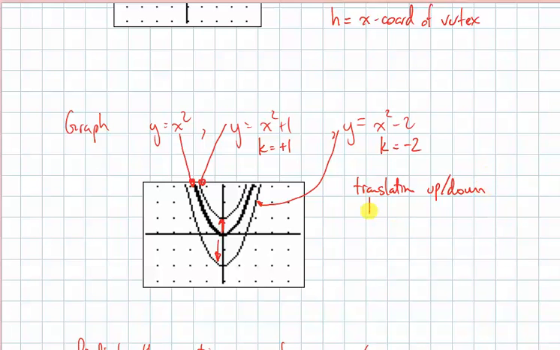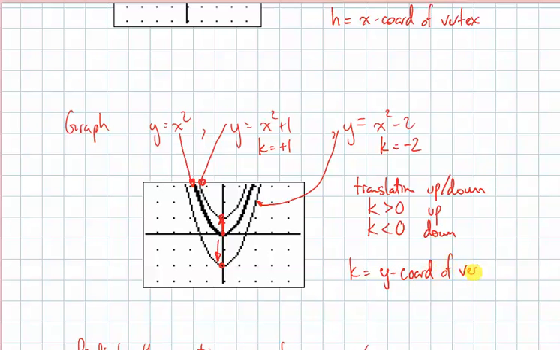And if the k number is more than 0, like this one, we move up. If the k number is less than 0, we move down. Another point of observation here is that the vertices, in this case, are all on the y-axis, so the k value is showing us the y-coordinate of the vertex.